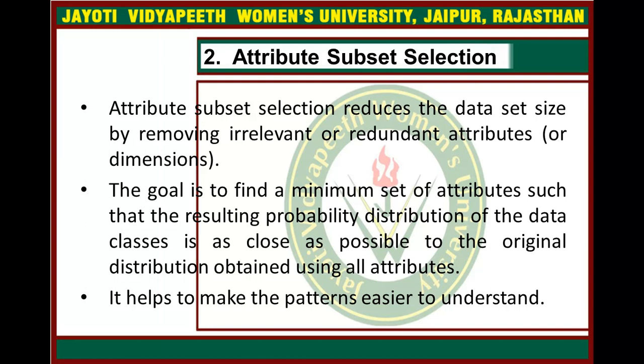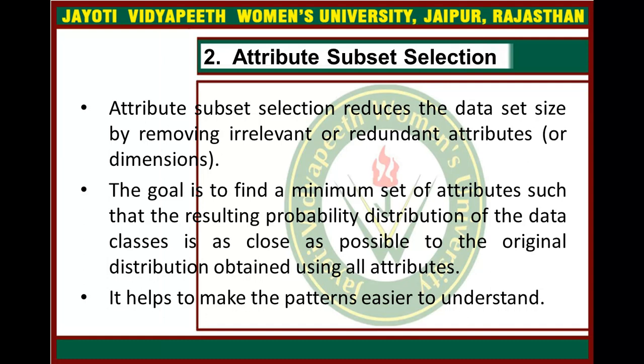Now the second one is attribute subset selection. Attribute subset selection is a technique which reduces the size of the data set by eliminating irrelevant or redundant attributes or dimensions.